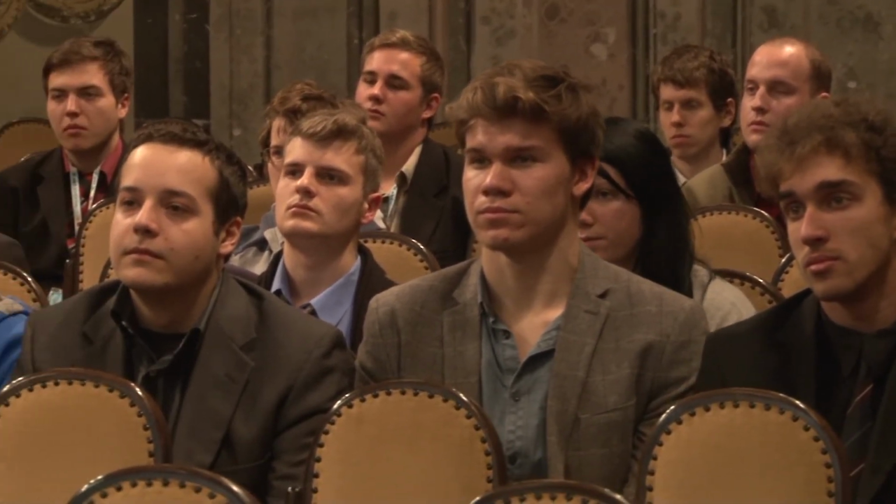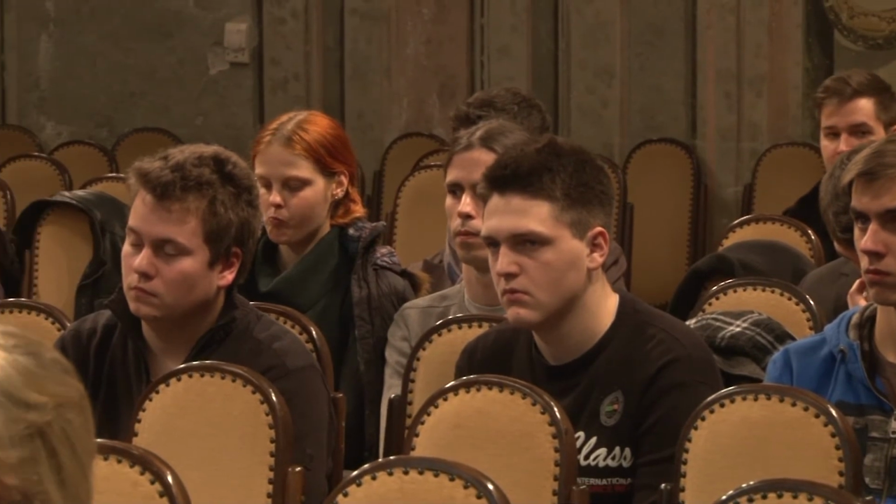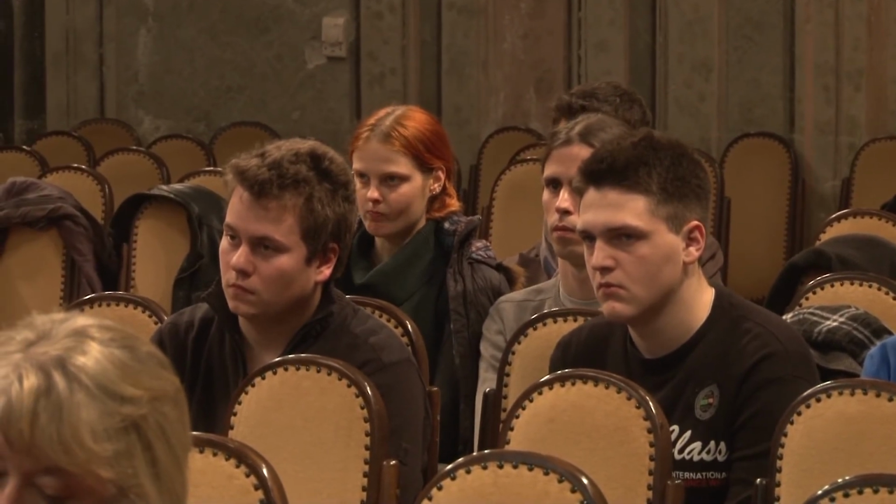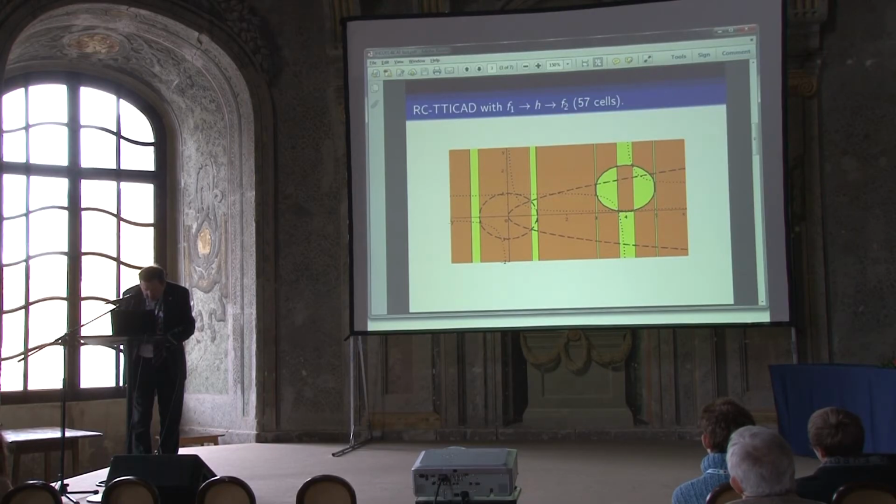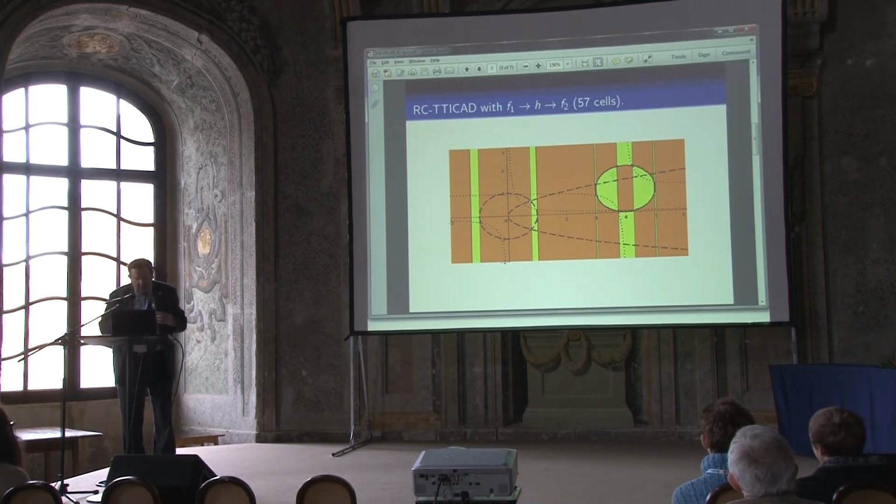The best solution prefers f1, then h, then f2. So f1 and f2 are these 2 circles, well, ovals, here and here. We've got this parabola, and we've got the other curves. Dotted curves are the g's, the inequalities.